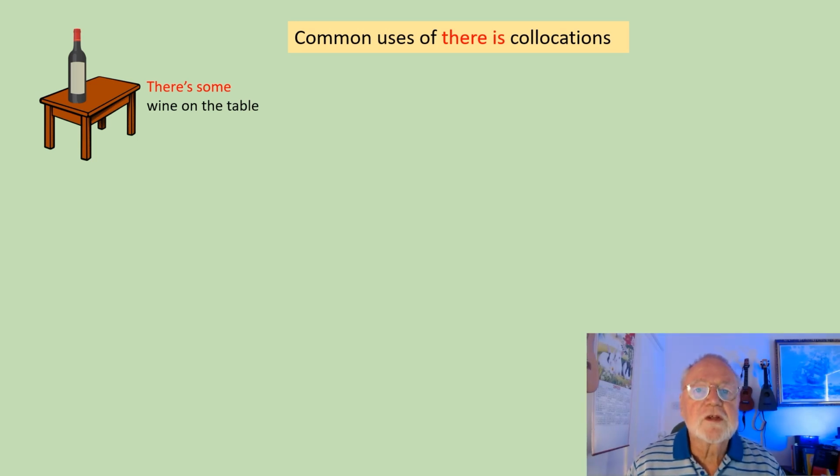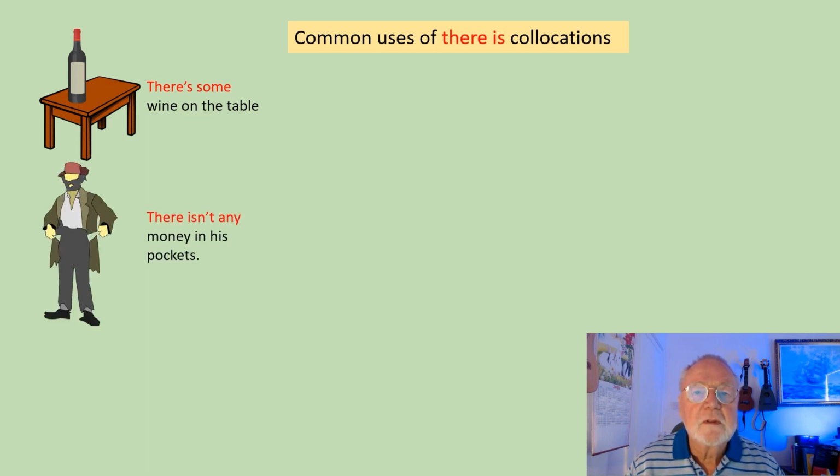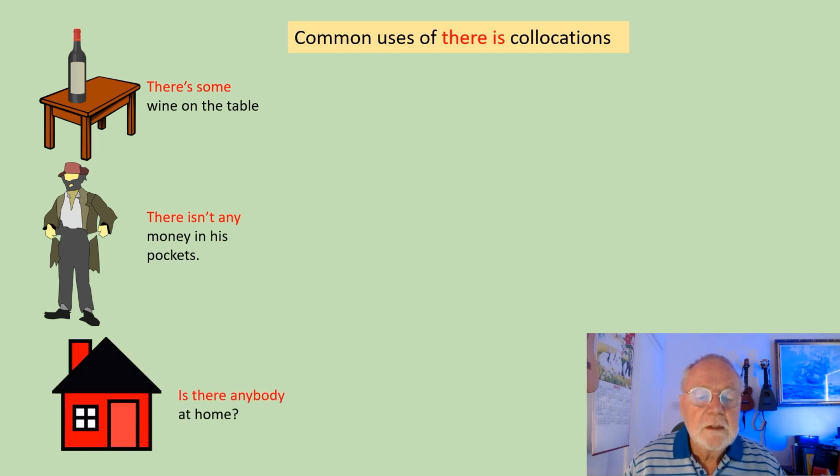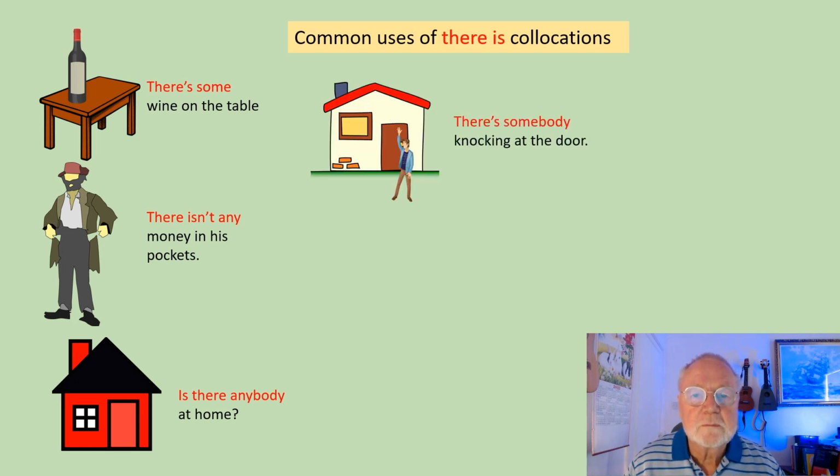Here are some collocations so you can practice the weaker form of there is. Please copy me. There's some wine on the table. There isn't any money in his pockets. Is there anybody at home? There's somebody knocking at the door.